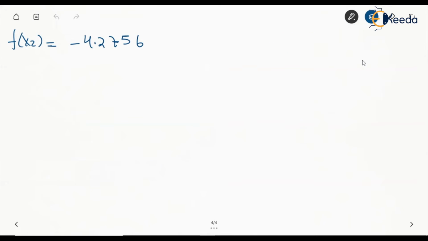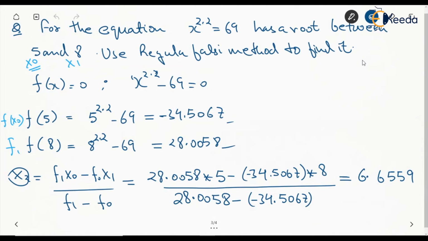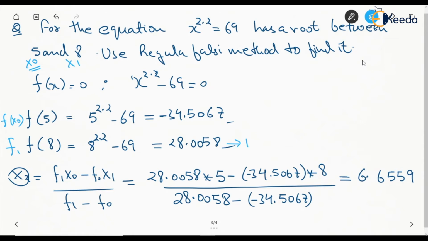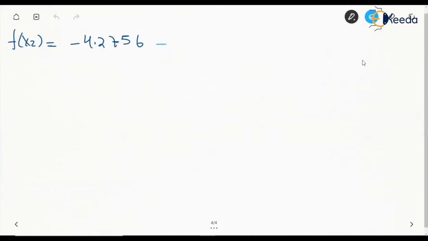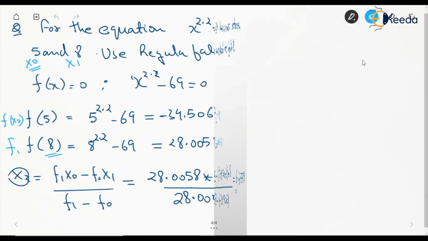So now the root lies between 6.6559 and 8. Why? Because this is a positive value, this is a negative value, and this is a negative value. So we have to pair up a new negative and positive combination, right? Negative and positive combination. So that means it is going to be x equal to 8 and x is equal to 6.6559.